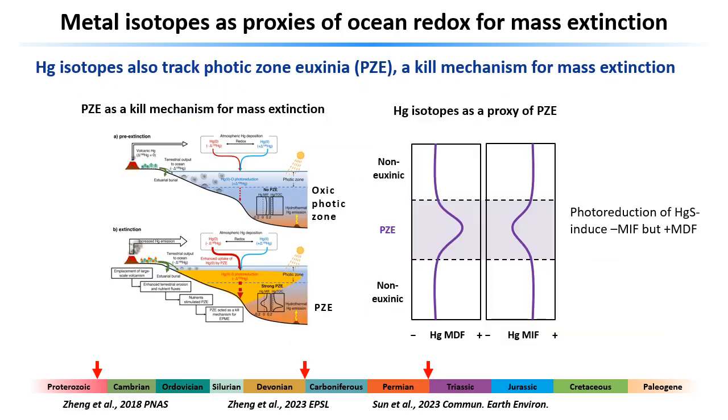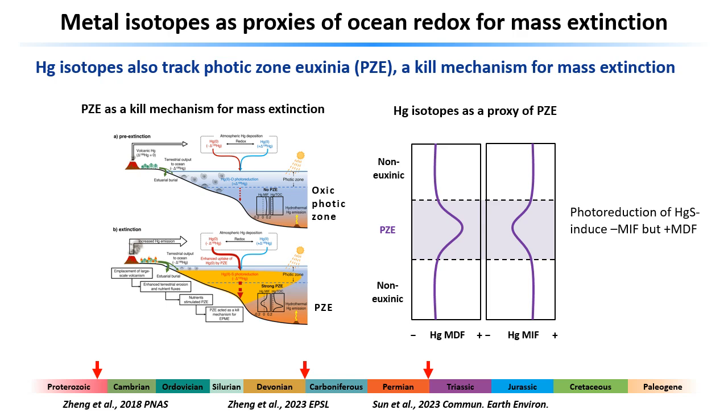Another example is that metal isotopes can function as a proxy to indicate ocean redox changes leading to the extinction. For example, mercury isotopes can track photic zone euxinia, PZE, which is a kill mechanism for mass extinction.